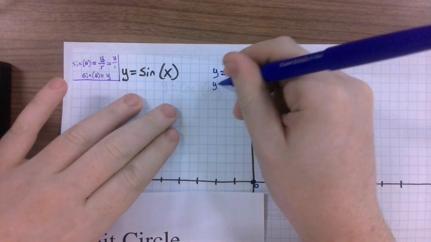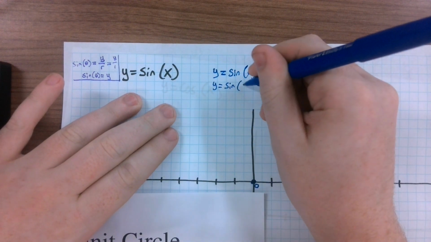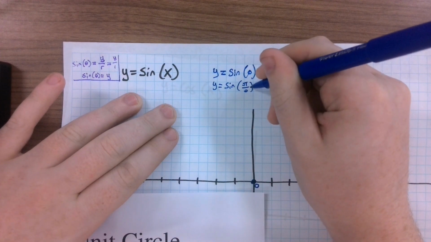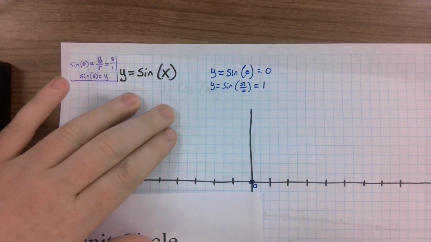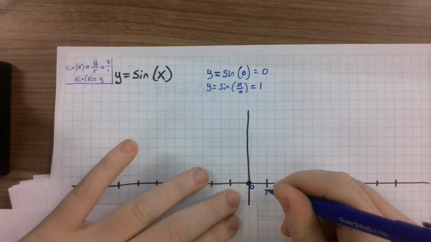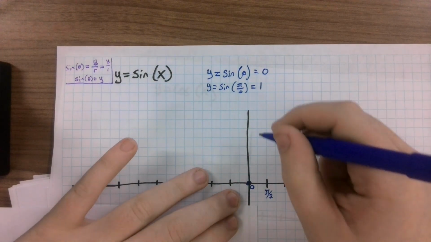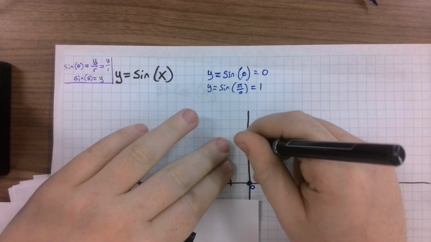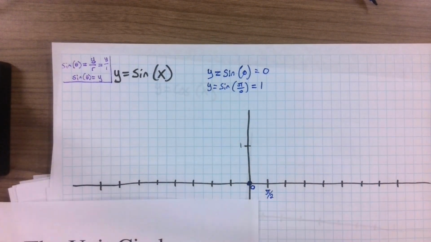So, the sine of 0 was 0. The sine of pi over 2 is 1. I'm going to choose to make that my next measurement. So at pi over 2, we go all the way up to 1. I'll call this marking on our graph 1.